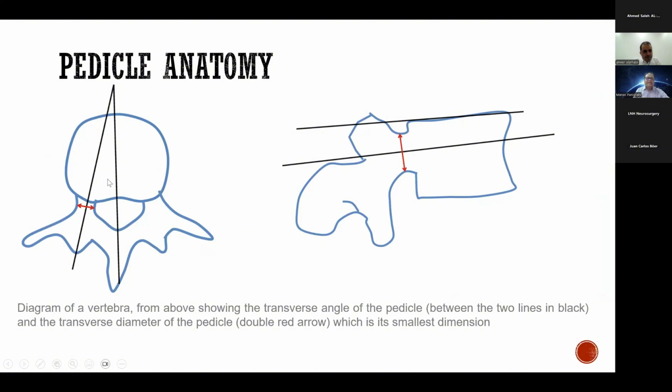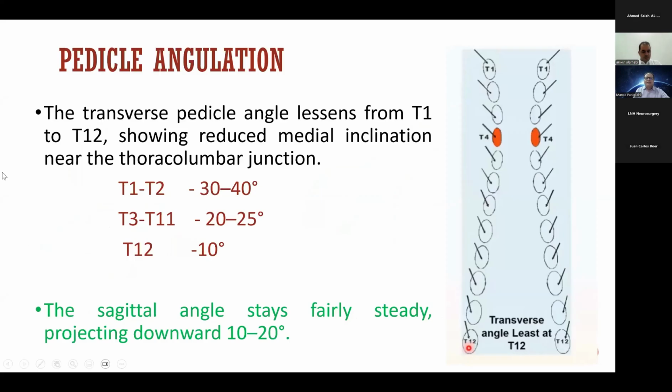And the angle in a lumbar is 10 to 15 degrees, whereas in a thoracic, it varies among the upper thoracic, middle thoracic, and the lower thoracic. So the angulation in T1 to T2 is around 30 to 40. The angulation in T3 to T11 is 20 to 25, whereas T12 is like 10, which is similar to lumbar.